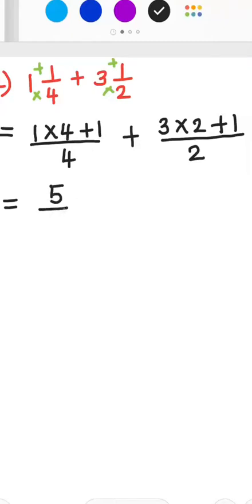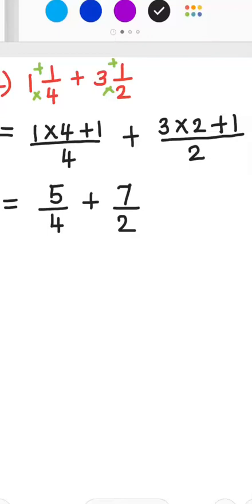That gives me 5 upon 4 plus 3 multiplied by 2 is 6 plus 1 is 7, 7 upon 2. Now I have got 5 upon 4 plus 7 upon 2.